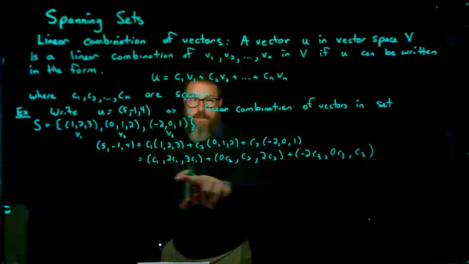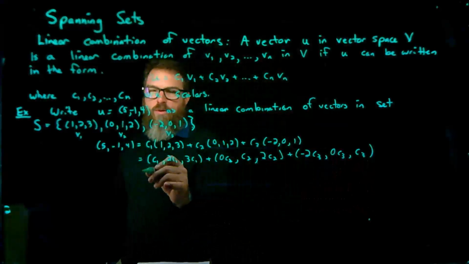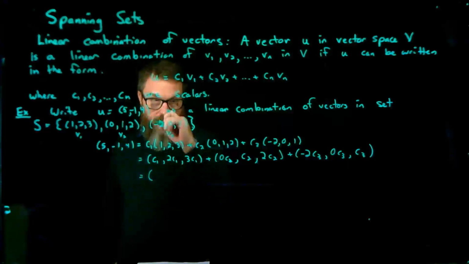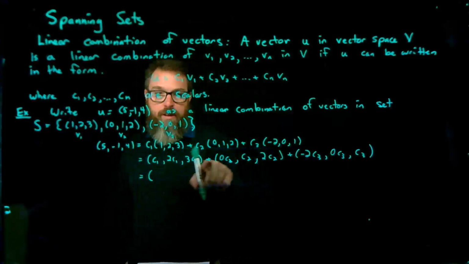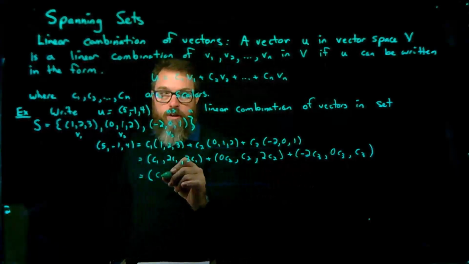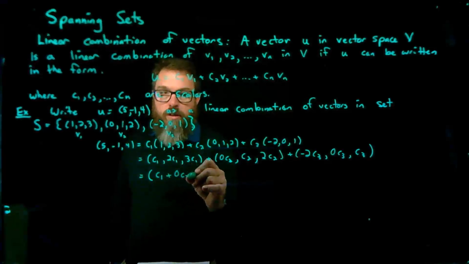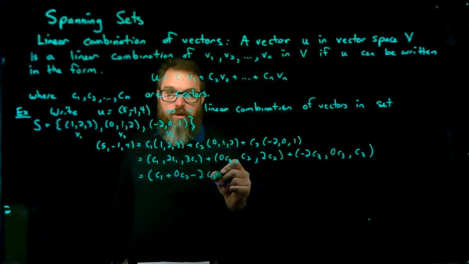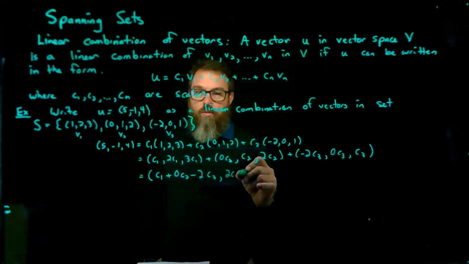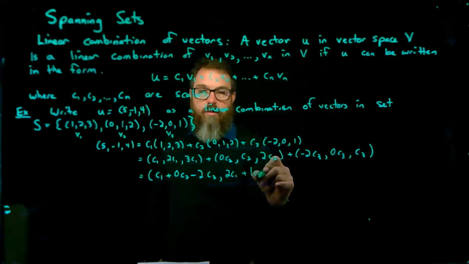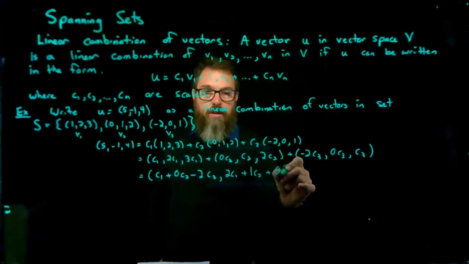Now I'm going to add these vectors, and the only way you add vectors is you add their corresponding elements or components. The first component is going to be the addition of the first 3: C1 plus 0 C2 minus 2 C3. The next one is 2 C1 plus 1 C2 plus 0 C3.